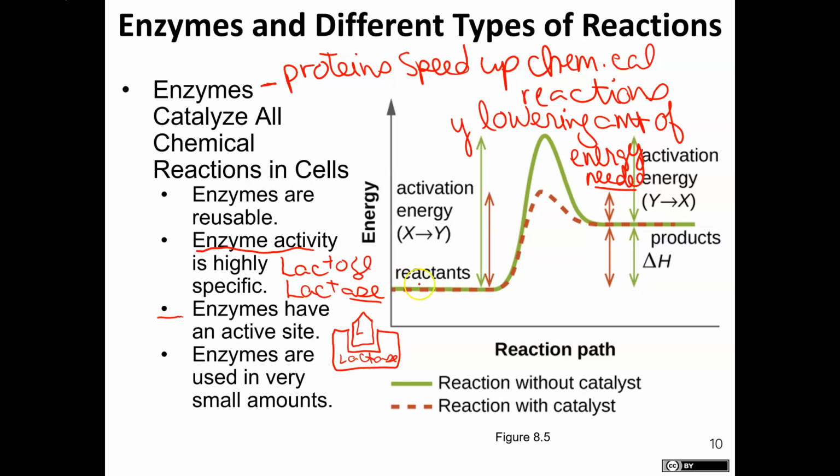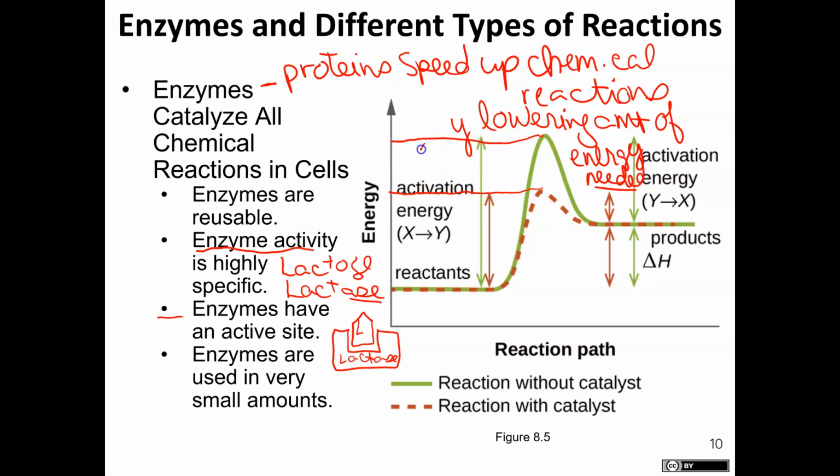If you look over here, when an enzyme meets with the substrate, the reaction occurs at a much more rapid pace. So this is the reaction occurring with an enzyme, and this is the reaction occurring without an enzyme.